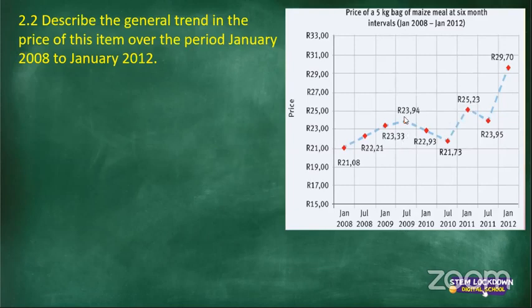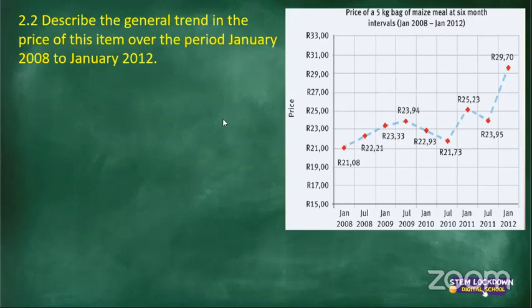And then from July 2009 to July 2010, it decreases. Then it picks up again from July 2010 to Jan 2011. Jan 2011 to July, it decreases. It increases again from July to Jan. So it seems like every time around Jan to July, it increased a lot of times. But oftentimes from July to Jan, it's been decreasing.